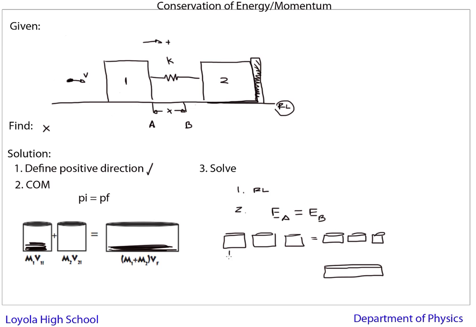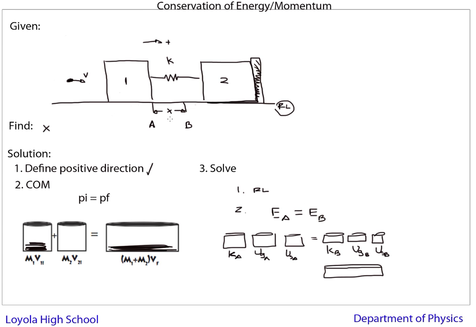I have kinetic at A, potential due to gravity at A, potential due to spring at A, kinetic at B, UGB, and spring at B.